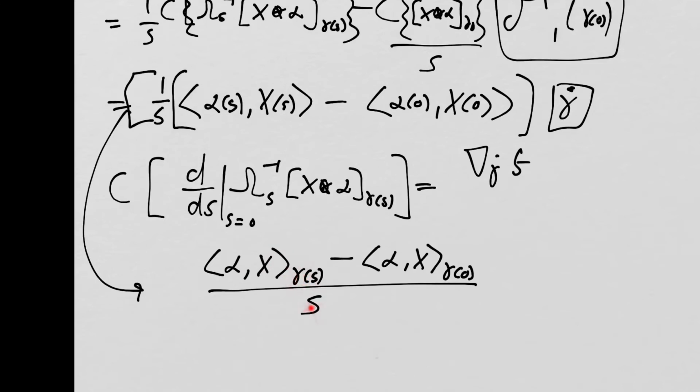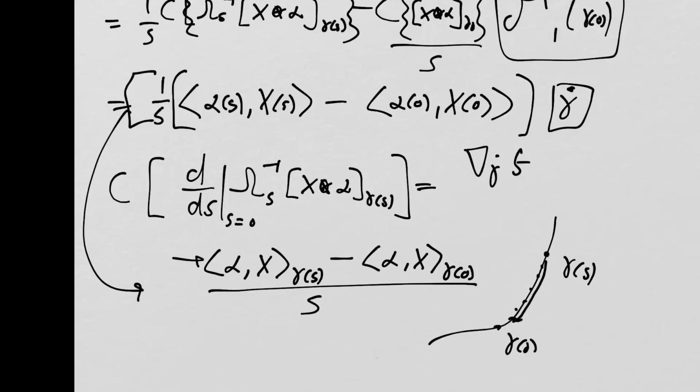So as s goes towards 0, this thing crawls along the curve from gamma s to gamma 0, and it kind of moves down this curve, and you're evaluating this expression at each point along this curve, right?